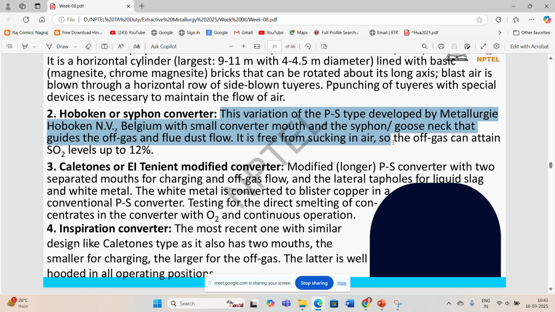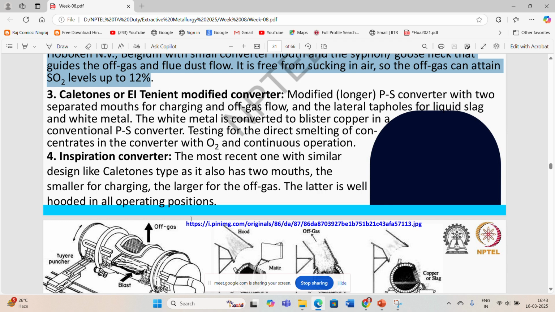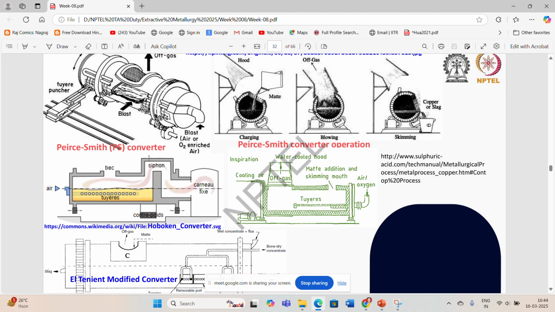It is free from sucking in air, so the off gas can contain SO2 levels up to 12%. Then there is the Caletones modified converter, which has been recently developed with two separated mouths for charging and off gas flow and lateral tap holes for liquid slag and white metals. Then there is the inspiration converter.